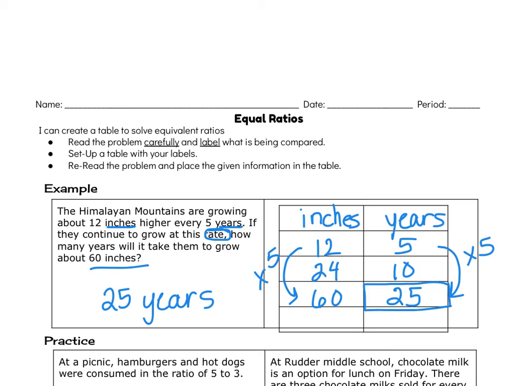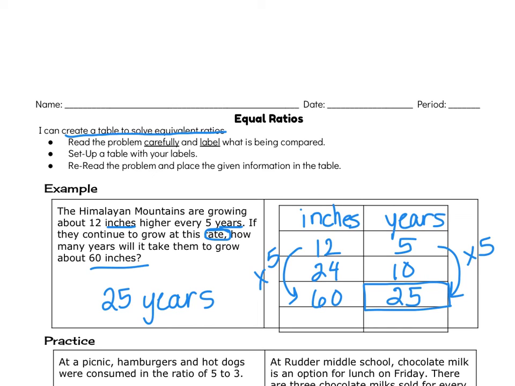So your goal here is to create a table with equivalent ratios. You find the two things that you're comparing, you make your table, and you fill in your table. The cool thing about these, and you guys know it because you've been using tables since you were in kindergarten or first grade, is you can add as many columns to your table as you need.